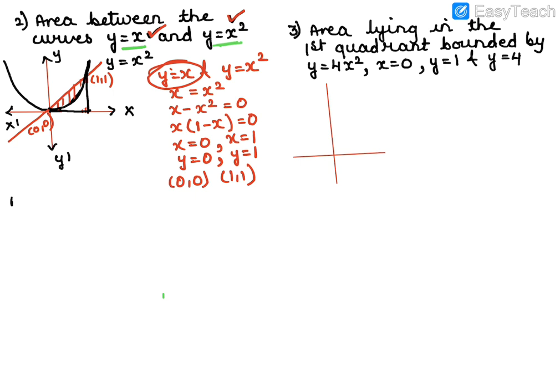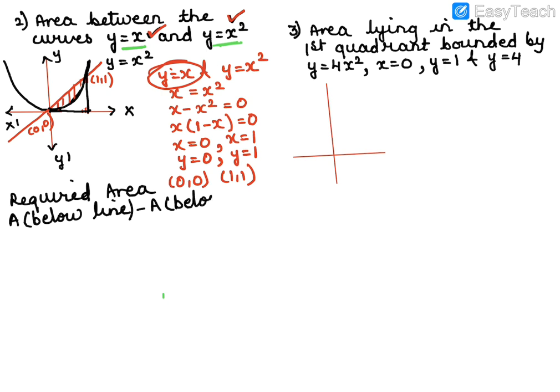So required area will be area below the line minus area below the curve. और अब देखो मैंने यहाँ perpendicular x axis पर डाली है, तो मेरे को बहुत clearly पता है कि I have to write the expression in x. So line की equation क्या है? y is equal to x. So limit क्या है? 0 to 1, x dx, minus ये total में से मैंने क्या किया था? ये निकाल दिया था.